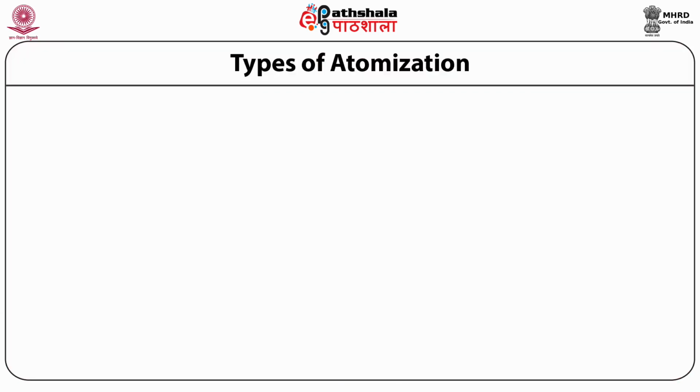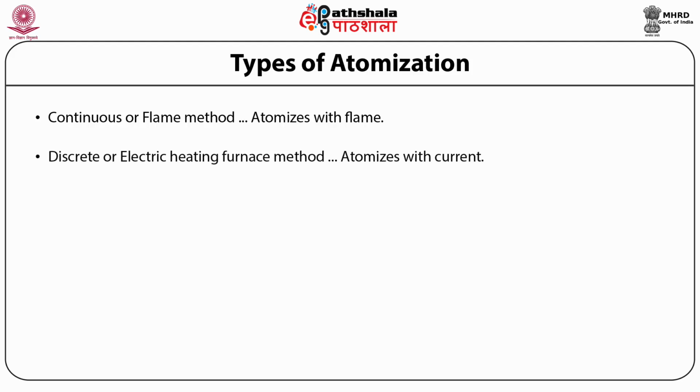Types of atomization. There are various methods for atomization. The continuous or flame method is one of the very commonly used methods. The discrete or electric heating furnace method has also been used, which uses current to atomize the molecules or atoms.